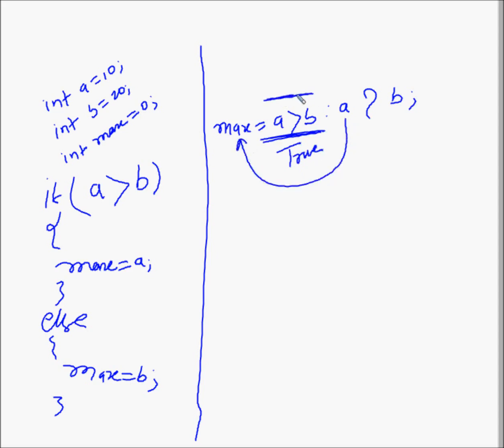If this condition is false, then this value will come to max. So this is called the ternary operator because it takes three operands. Okay, it takes three operands here. So this is one operand, this is another one, and this is another one. Three operands are there.